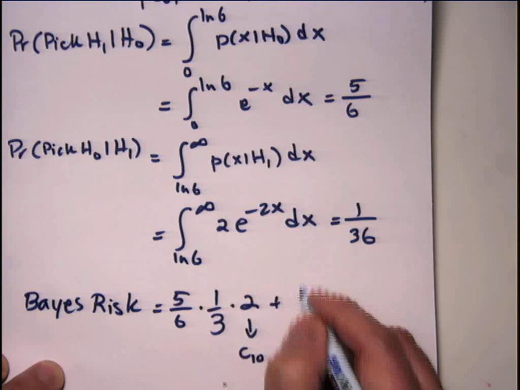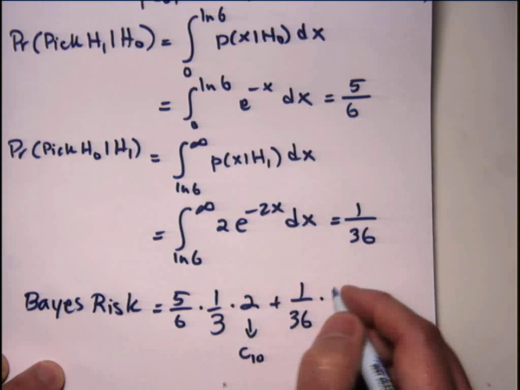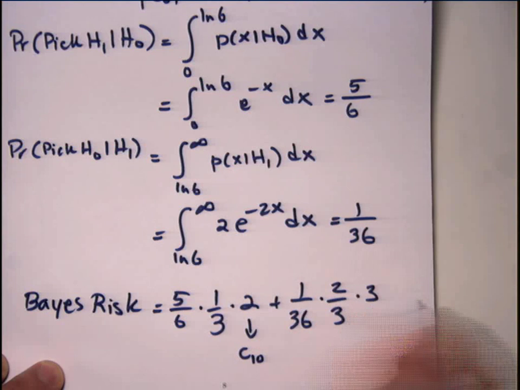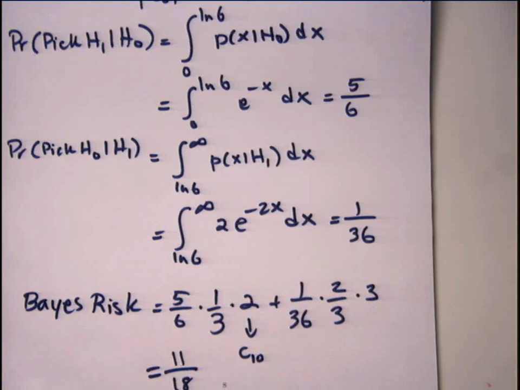Plus 1 over 36 times 2/3 times 3. This is 11/18. Okay. Any questions?